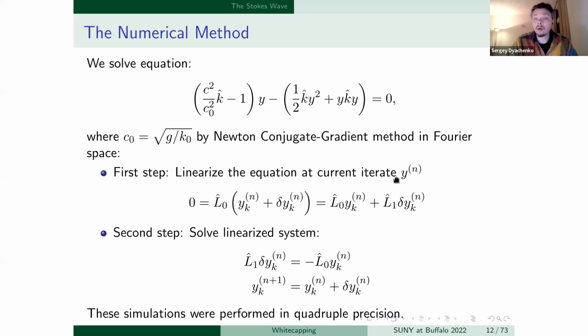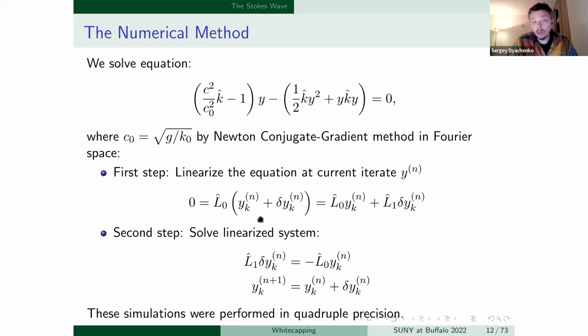Then you can think of the true solution of the Babenko equation as the solution at the current iterate plus some delta y. And you know that if you apply the Babenko operator to the true solution, you're supposed to get 0. So that's what you write on the left-hand side here.